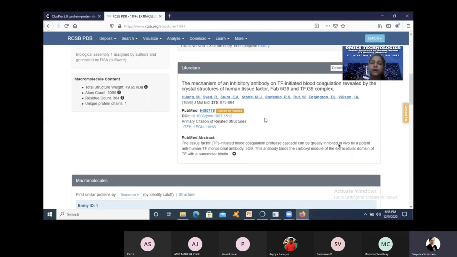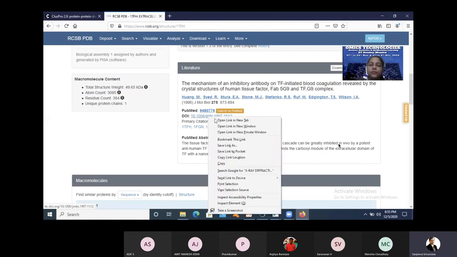We should go through those papers so that we get more information about its structure, its important domains and binding site regions, the catalytic site if it is an enzyme, where the cofactor binds, and all that information should be obtained.